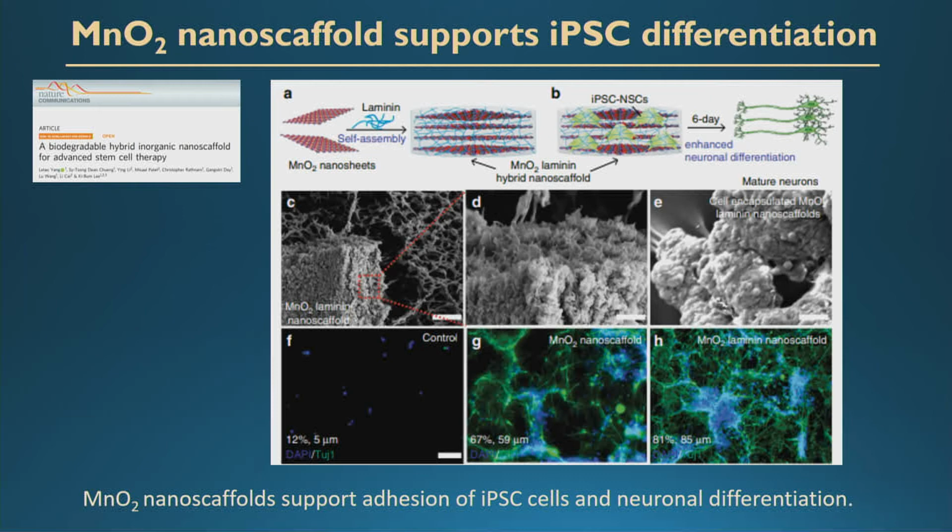So I would ask you to focus here. This is a control scaffold and the manganese dioxide scaffold with 2 Schwann positive cells. And then if you add laminin to the system, you have even more cells differentiating here. So this is an additional property that this material has to actually support cell adhesion and differentiation.